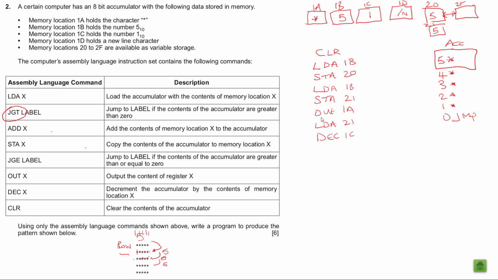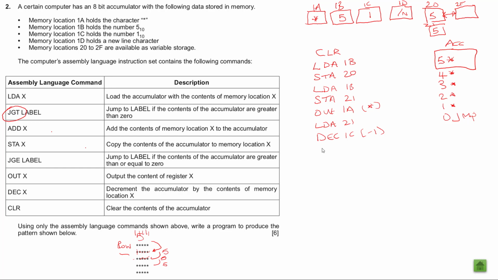That's fine. And then we output that and decrement by 1. So we output the star here. This is just for us to see, by the way, that's a star. So we output the star there, we load 21 in again, and then we decrement, so we minus 1 from 5 on that line there.